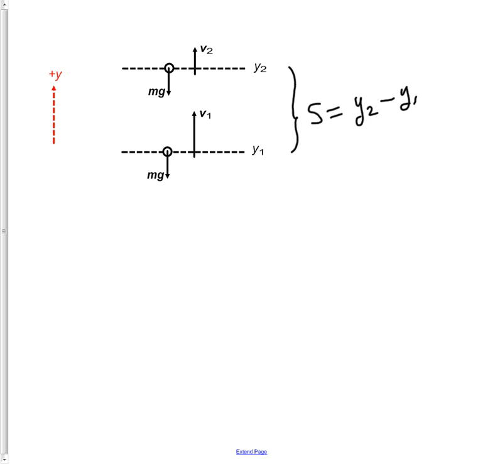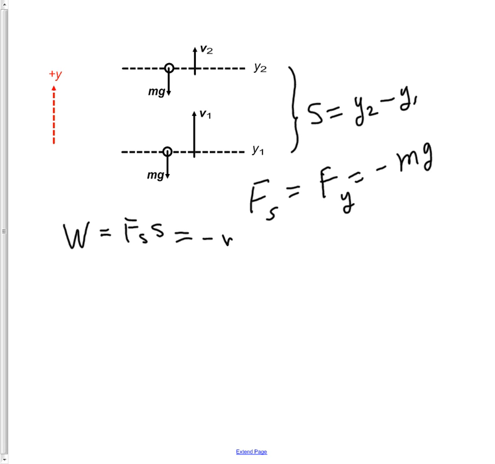And the force in the s direction is equal to F sub y, which is equal to minus mg. And so the work which is done on the particle as it goes from y1 to y2 is F sub s times s, which is minus mg times y2 minus y1.